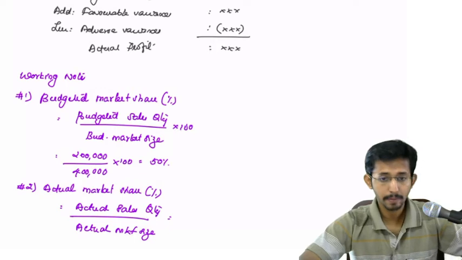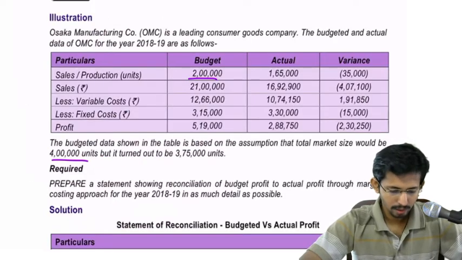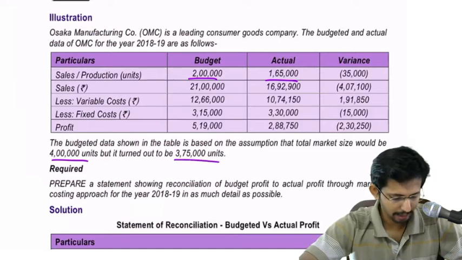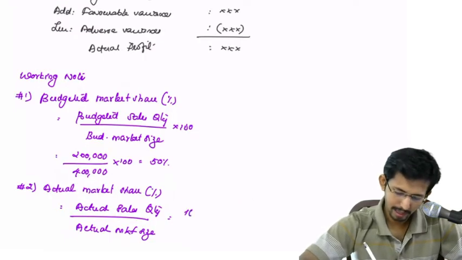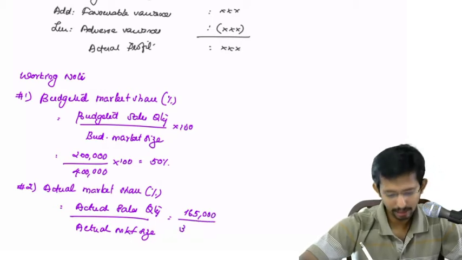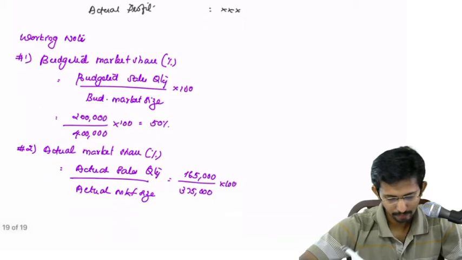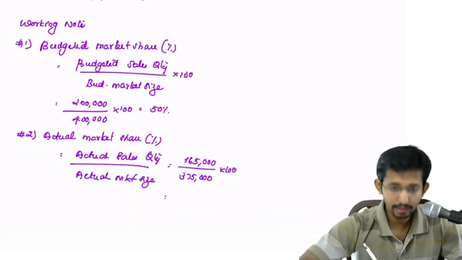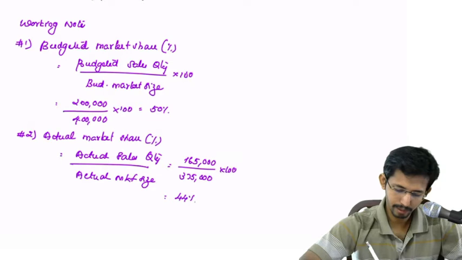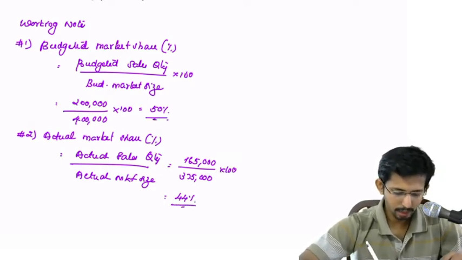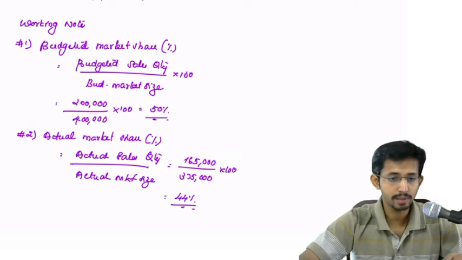So that is 1,65,000 divided by 3,75,000, into 100. So you get the value as 44%. Is it clear? So budgeted market share is 50%, whereas actual market share is 44%.